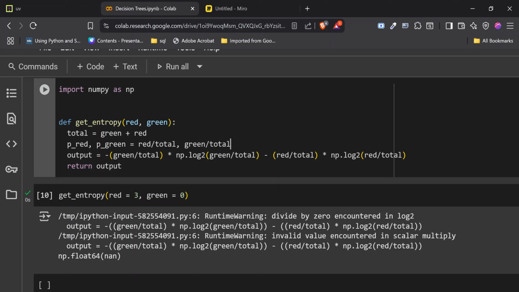So instead of this, we can say negative p of green multiplied by log of p of green, and negative p of red multiplied by log of p of red. Doing this alone should at least fix our problem a little bit.